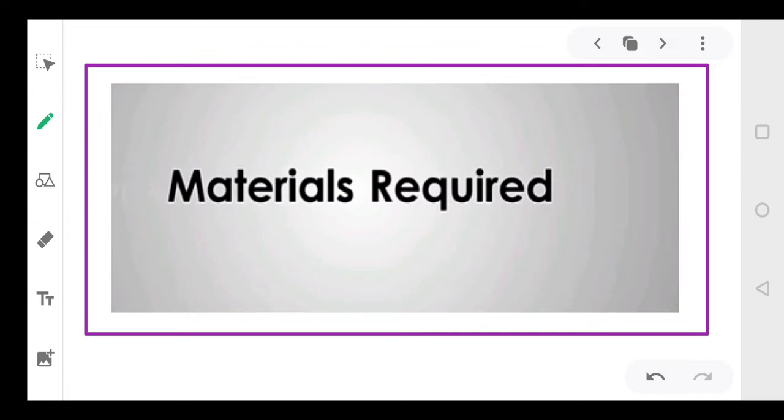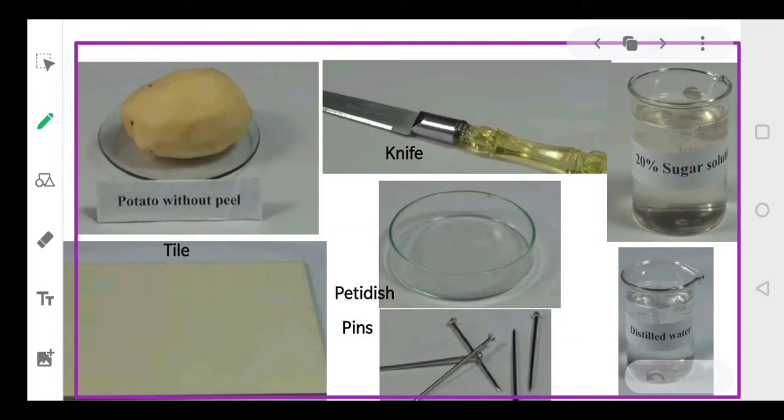So let's continue with our experiment. Today we'll study osmosis. For this experiment we'll require certain materials. First of all, we'll take a potato without a peel. Like this, you will peel it off and use it. Secondly, we will use a knife so that we can cut the potato.